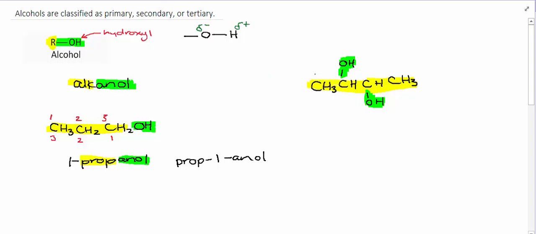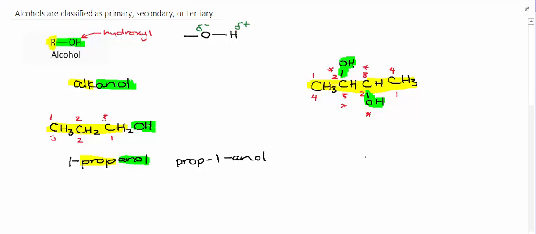So if we just have a look at all the features to help us name this, numbering our carbons, we can go 1, 2, 3, 4, or we could go 1, 2, 3, 4. If we're numbering from left to right, we have a hydroxyl on 2 and 3. If we're numbering from right to left, we have a hydroxyl on 2 and 3. So in this case, it doesn't matter which side we number from, we're going to get the same placement for our hydroxyls.